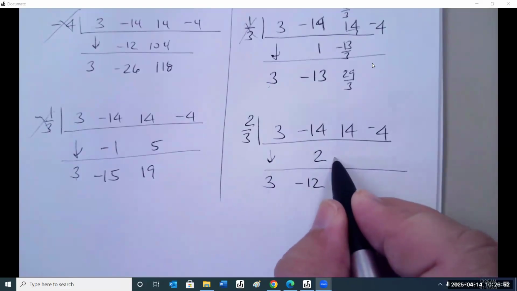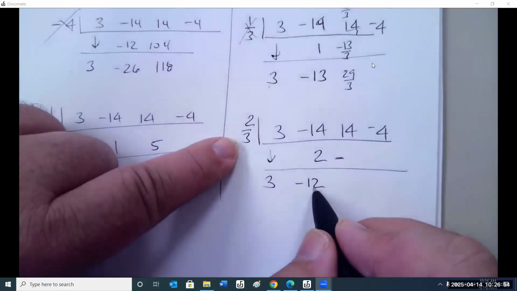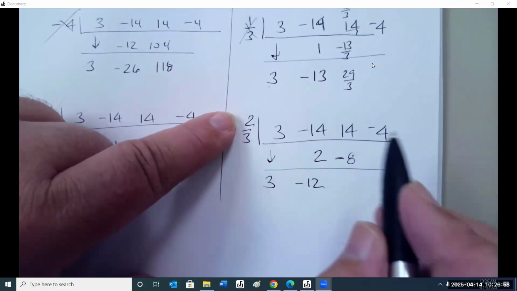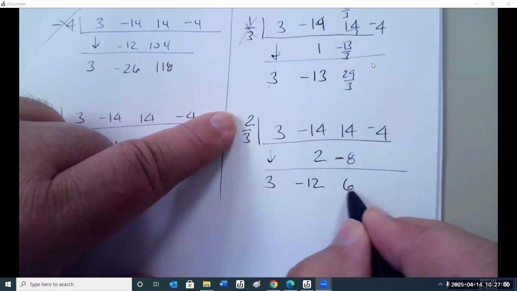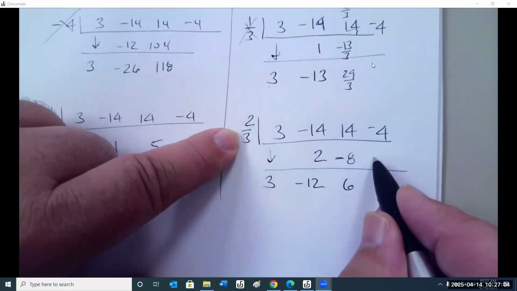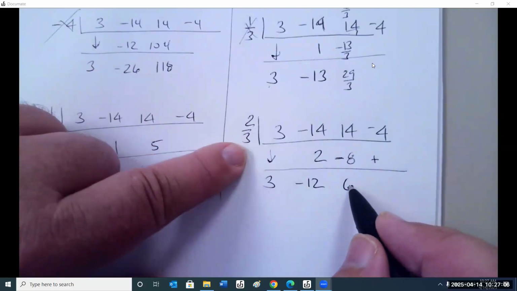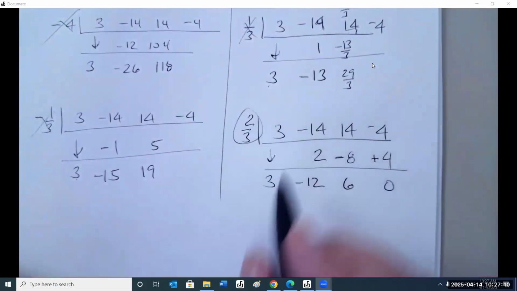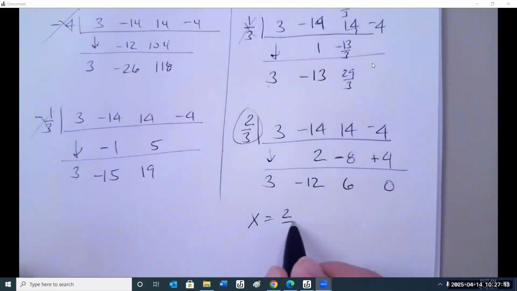The answer would be negative 12 divided by 3 is 4. 4 times 2 is 8. 14 minus 8 is 6. Positive is going to be a positive. 6 divided by 3 is 2. 2 times 2 is 4. We got a 0. So here's our next answer. X equals 2/3.